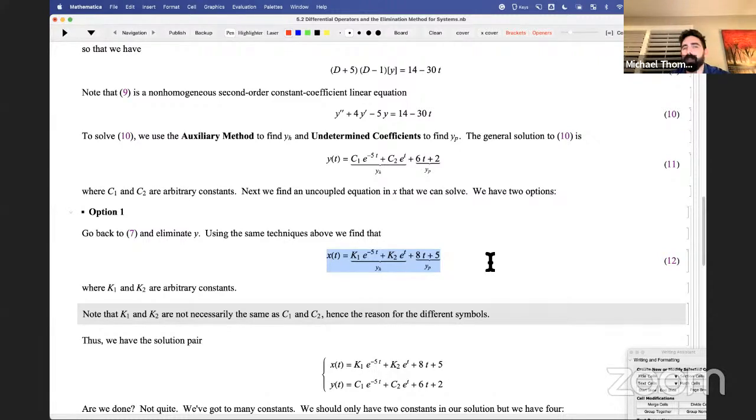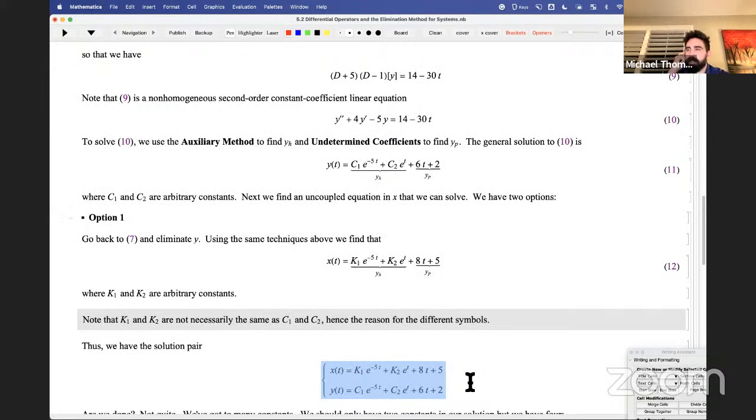The problem is you're still not done, because if you write both of these down, there's your solution to the system. There's a problem. Why is this not the solution? It's close. We just have to do one more thing. Anyone see it? How many constants do you see?